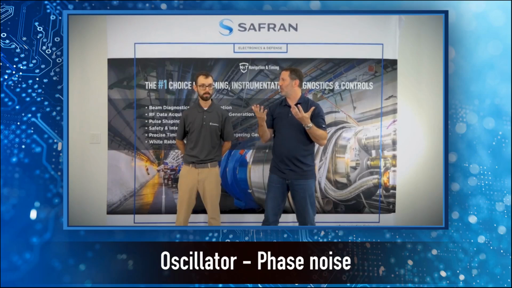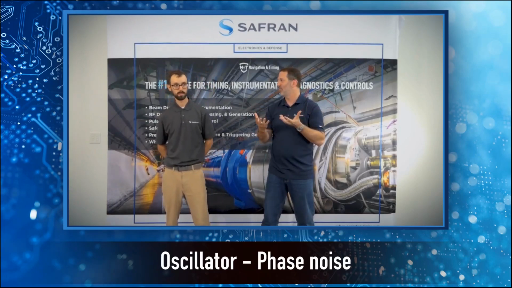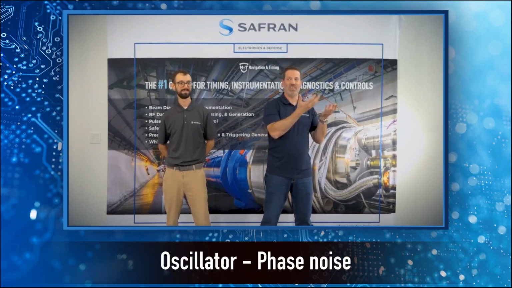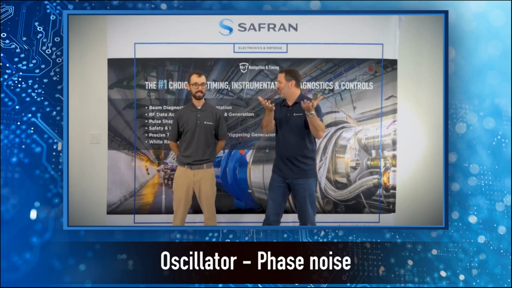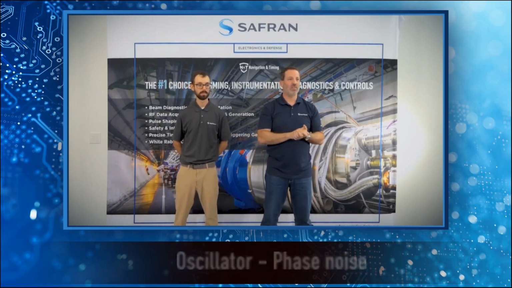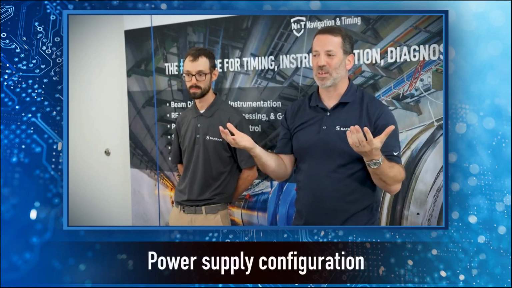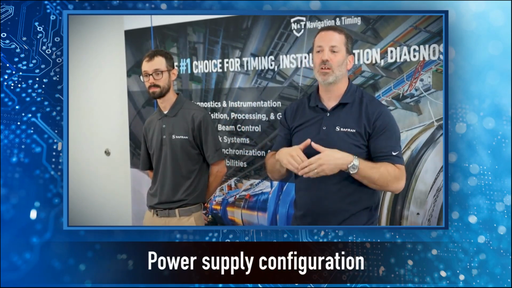Now the next piece that comes into play on the selection of the system, once you get past the number of slots that you have on something like a SecureSync and the oscillator type, is the power supply. And you think, oh well, a lot of these devices, don't they have the same power?